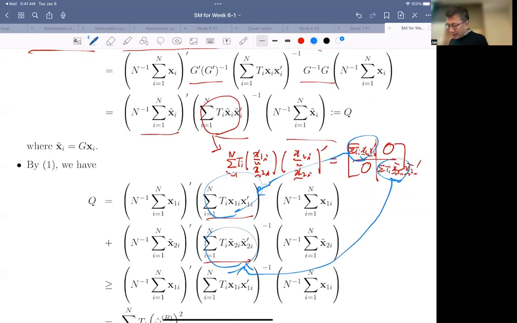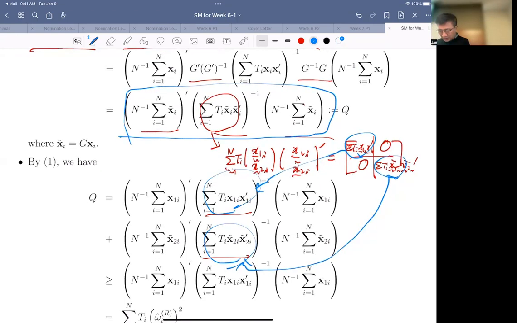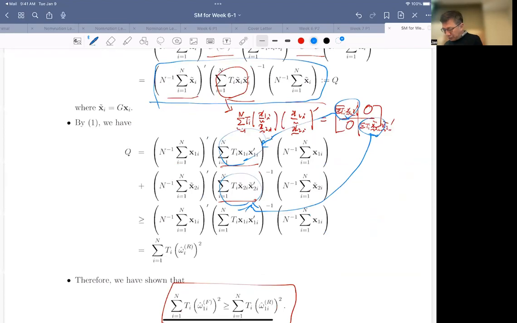Okay. So I basically worked out, writing this term Q into two components. The first component is nothing but the sum of the squares of the regression weight under the reduced model. The second term is non-negative definite.